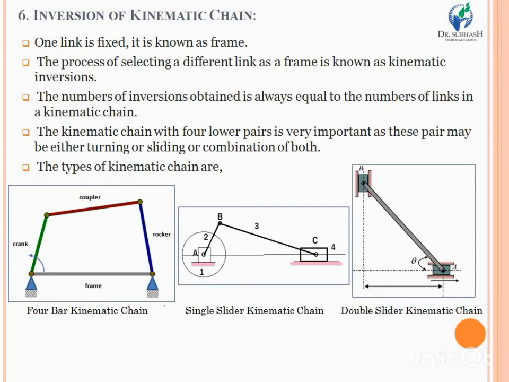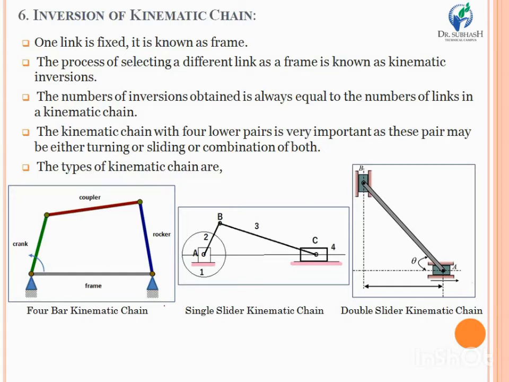Now, after discussing the basic concept behind the mechanism, it is very important to discuss how many kinds of inversion of kinematic chain, or inversion of mechanism, you get by fixing each and every link. If you fix any one link, then the entire mechanism will become a frame.